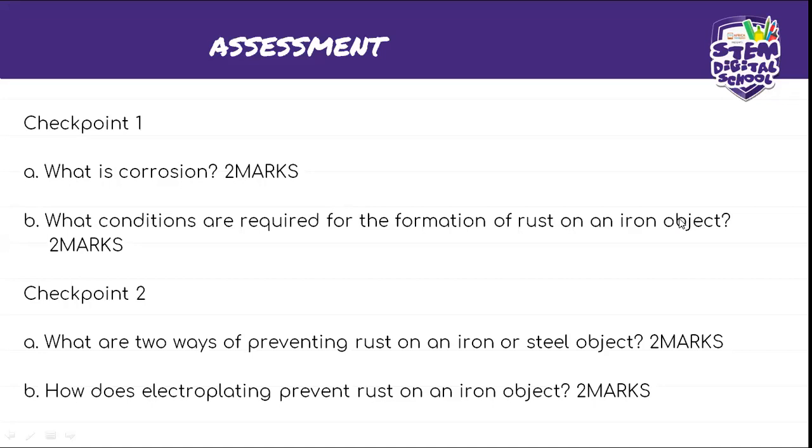Painting and galvanizing, that is correct. And how does electroplating prevent rust on an object? He said, electroplating is coating a corrosive metal with a non-corrosive material, such as chromium. This prevents the rusting agents from meeting with the corrosive metal. Very good. All right. Okay, Tandy, that is correct. So now let's continue. So I just sampled.